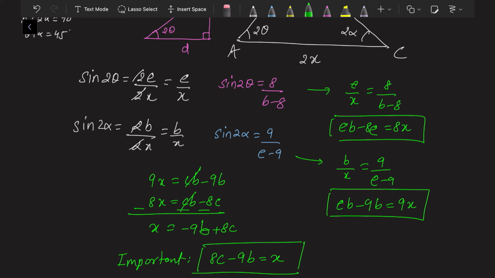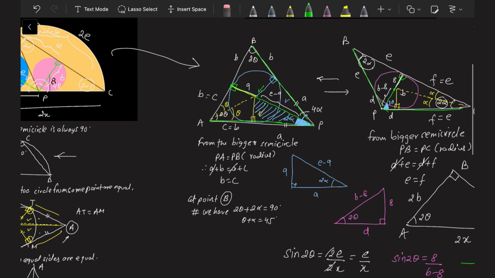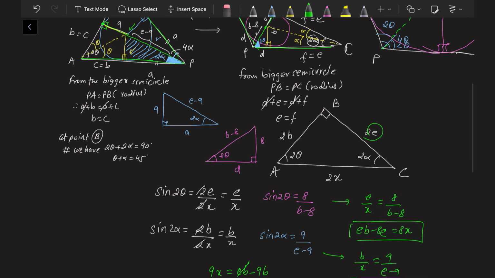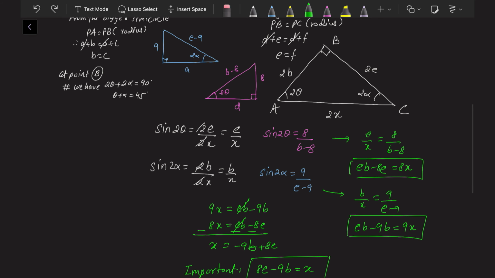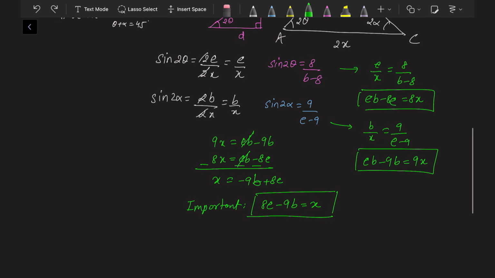It's not c, it's e. So basically we removed c in the starting only. I have told before also it's 2e. Here also I have written 2e, but in the sine we have taken c by mistake. Really sorry for that. 2e upon 2x. Yes, okay, now all things are good.